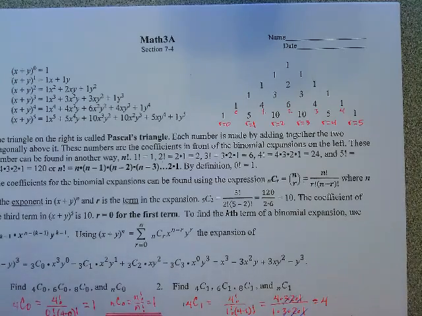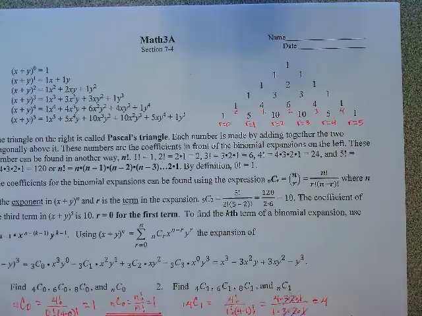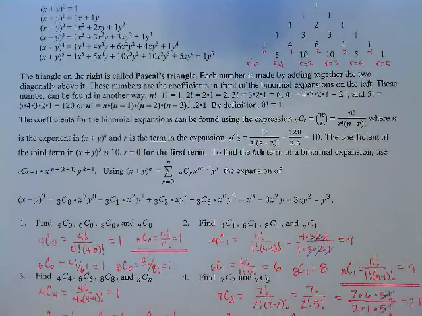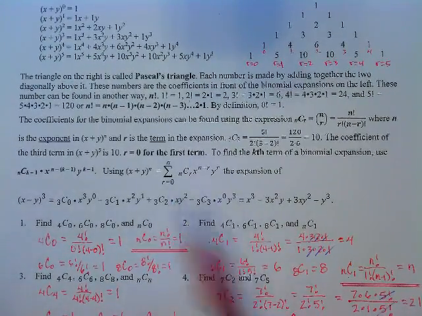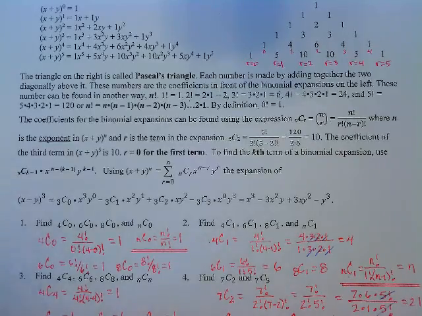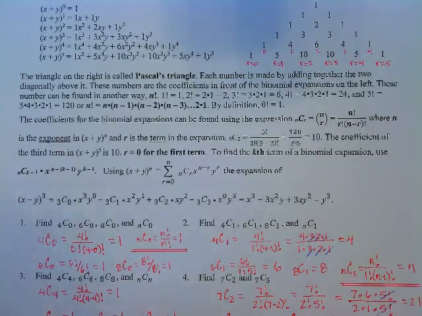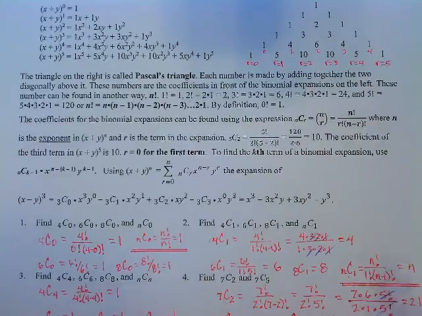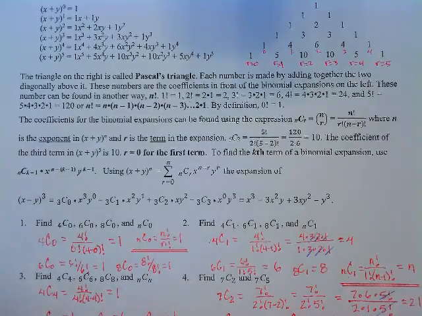All right, let us use the pattern that I had in my sigma notation, this one up here, to do the binomial expansion of 2x minus 3 to the 4th power.